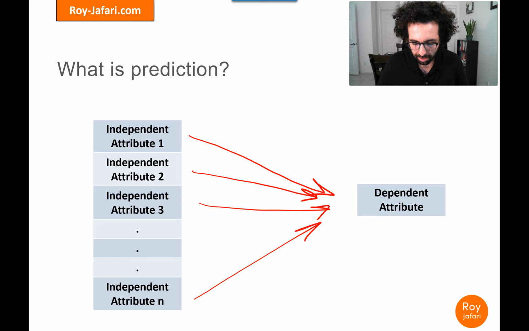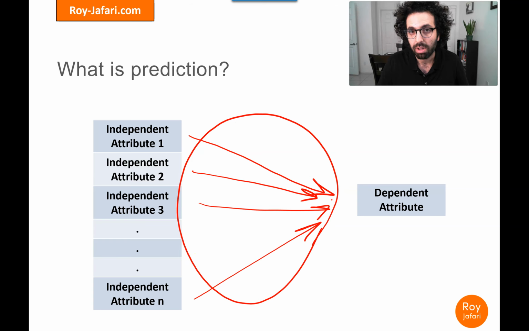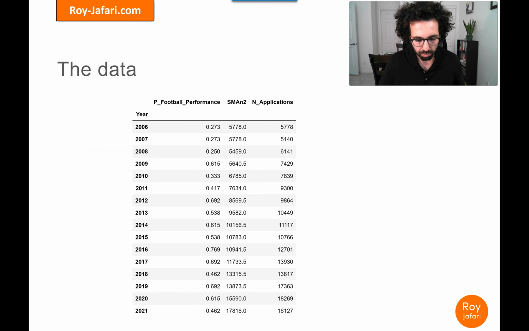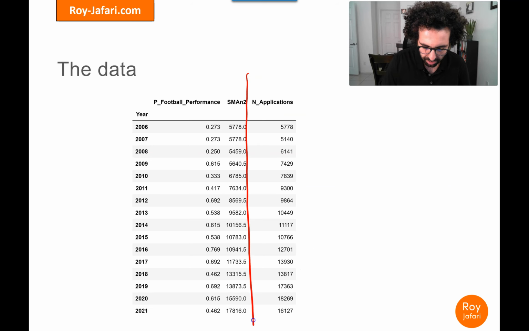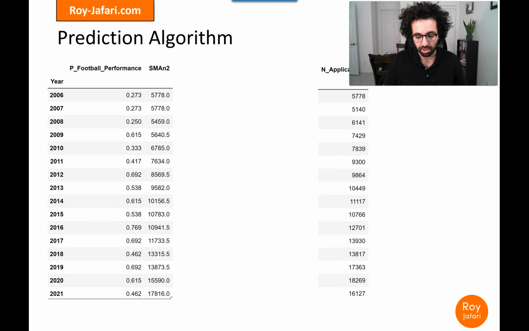We also talked about how this is going to be captured by algorithms, and there might be different algorithms that go about this capturing and packaging of these patterns that is going to be helpful for the prediction. So we did see that, for example, if we have a data, this is going to be our predictors or the independent attributes, and these are going to be the target, what we want to predict. So this is what we saw in the previous video.